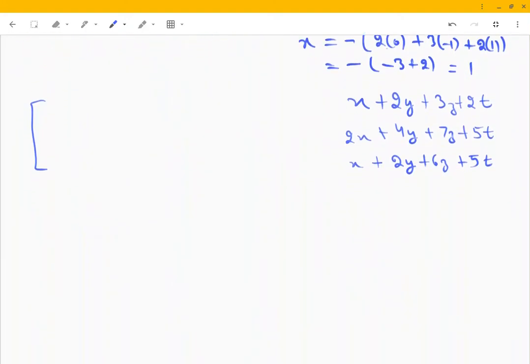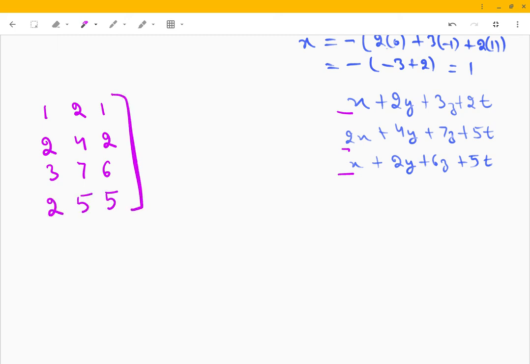I'm going to take these coefficients 1 2 1. So here it goes, 1 2 1. Remember, what I'm doing is writing the vectors in the image space now, because I already know the rank of the transformation matrix was 2.